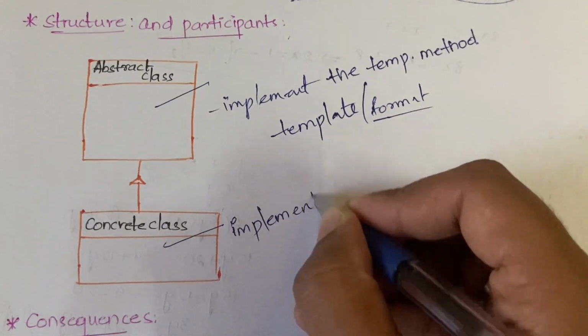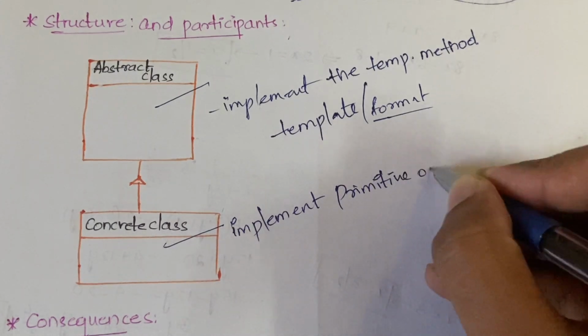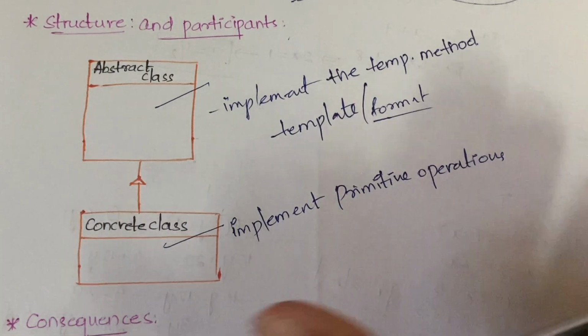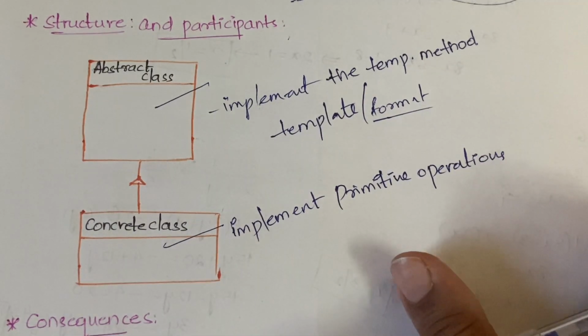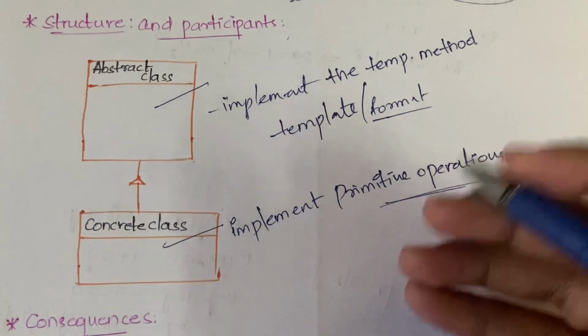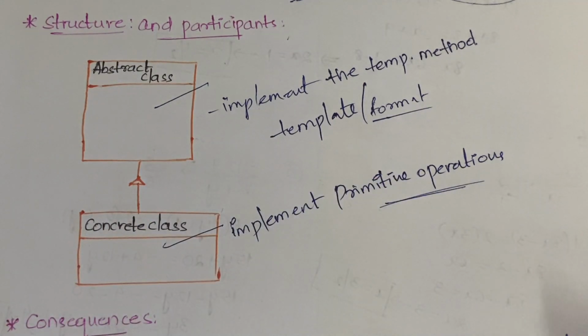Got it? Now what the concrete class will do, it will also do implementation part only. It will implement the primitive operations. Okay, so the primitive operations that are to be carried out in the subclasses are implemented by these concrete classes. Okay, you can say specific steps of an algorithm.